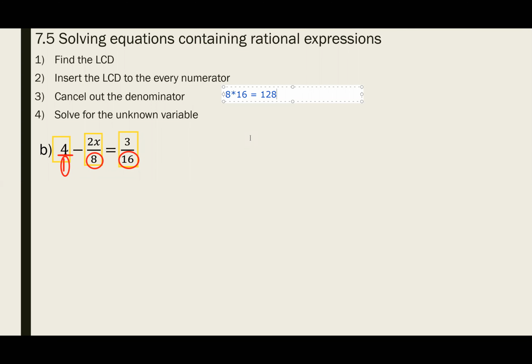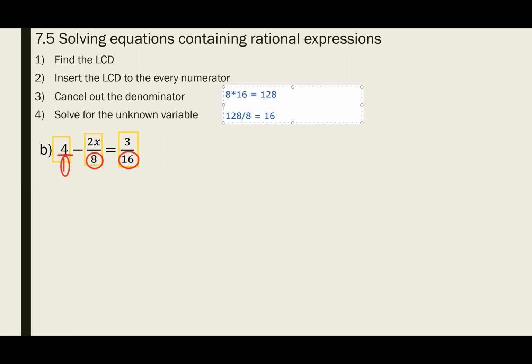If you remember last time I told you, if you can see that 8 and 16 have a common divider, the common divider is 8. 8 goes into 8 and 8 goes into 16. So if you want to find the LCD, you can divide the product by the common divider, and this will give you 16.